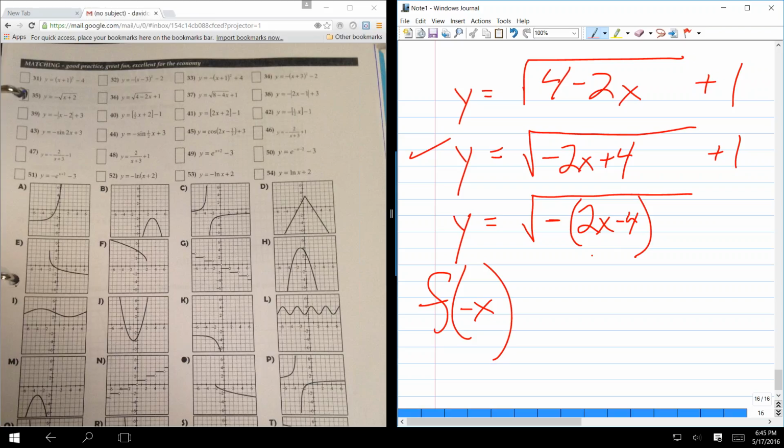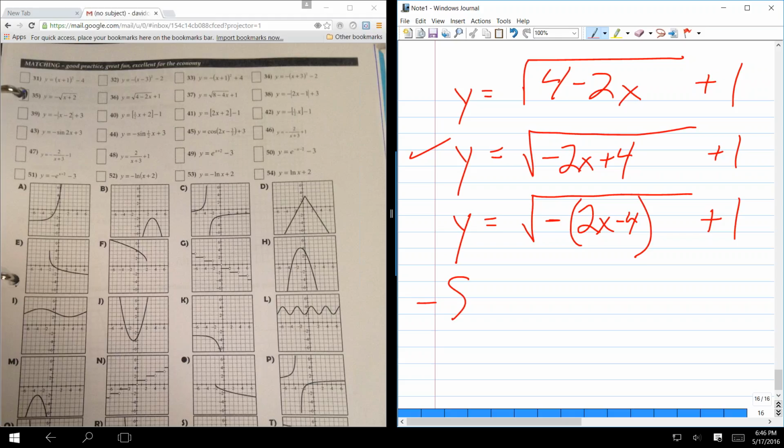Okay? So if I examine this, it has 4 things happening. That is what? Flip over the y-axis. If I wanted to flip over the x-axis, I'd put the negative sign in front of the radical. Because here's the difference.